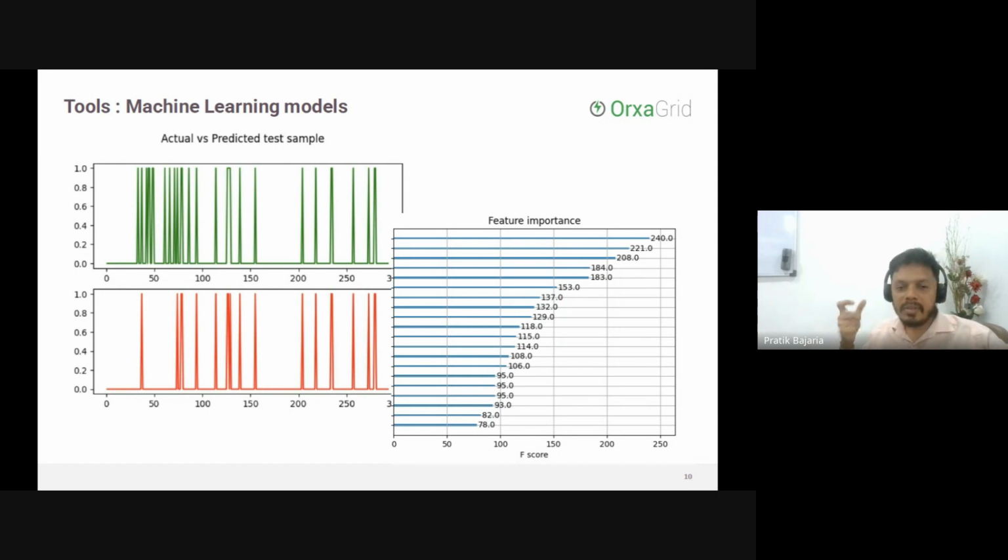Definitely voltages would be important, but a section name or a feeder name is not something which is going to tell me whether a particular model is going to be failing or not.